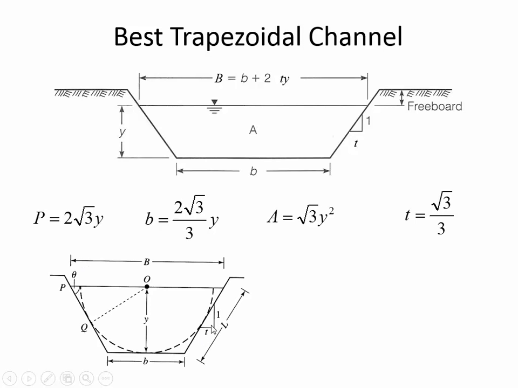What it turns out to look like is the nearest approximation to a circle that you can get with a trapezoid, where what you're doing in this shape is maximizing the area and minimizing the wetted perimeter. You're trying to get as low as possible for the wetted perimeter. The hydraulic radius is just the depth divided by 2 for this best trapezoidal channel.